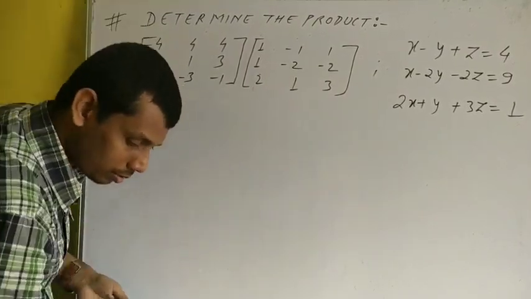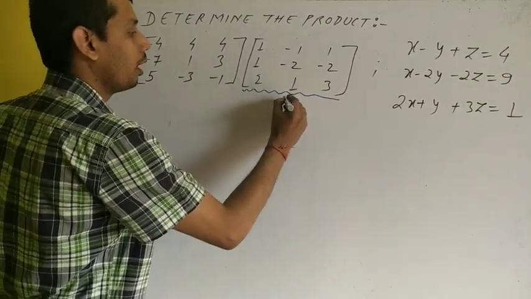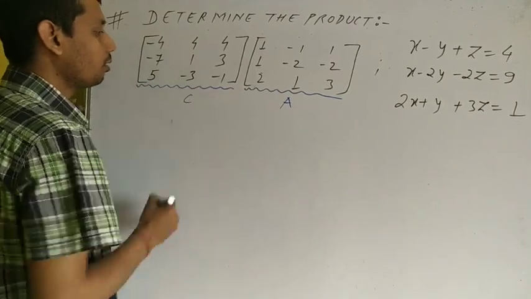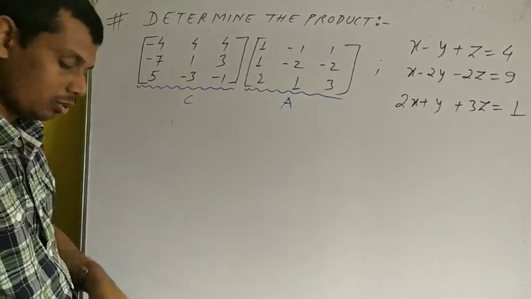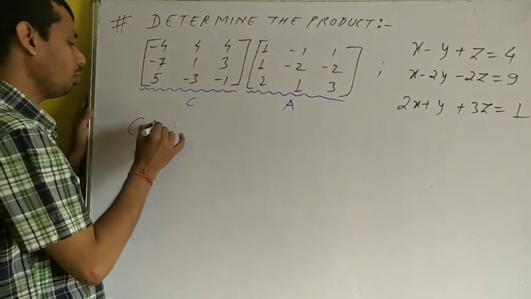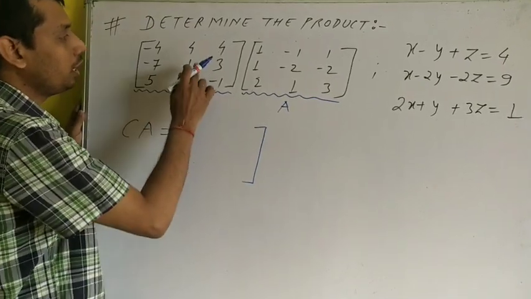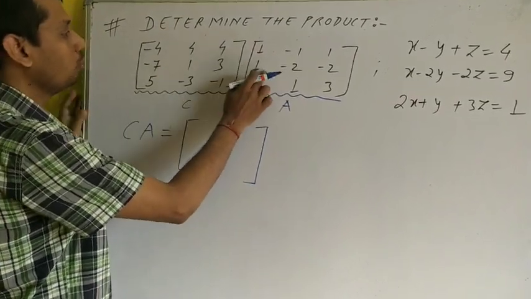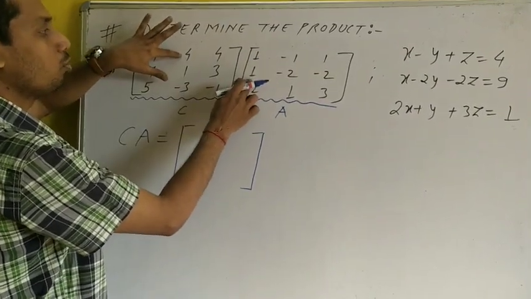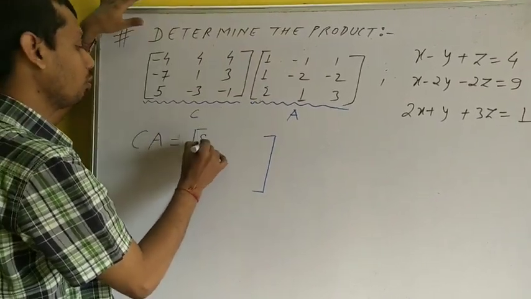So let us mark this matrix as A and consider the other matrix as C. Now we will determine the product of C and A. C into A is equal to, now see, minus 4 into 1 is minus 4, this is plus 4, so minus 4 plus 4 will cancel. 4 into 2 is 8.